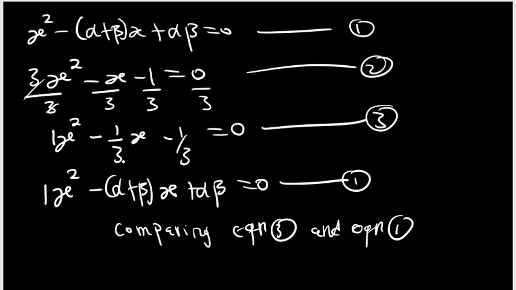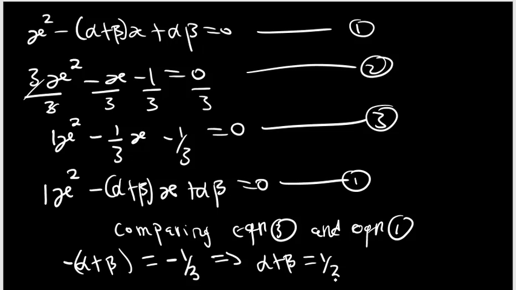In equation 1, the coefficient of x, that is minus (alpha plus beta), is supposed to be equal to the coefficient of x in equation 3, and that is minus 1 over 3. In this case, we can conclude that alpha plus beta is equal to 1 over 3, because this negative can divide through by negative, and this negative will cancel this negative. So we are going to have alpha plus beta being equal to 1 over 3.